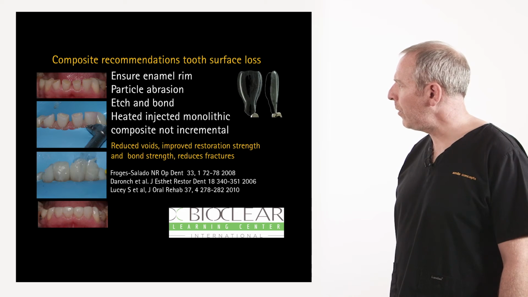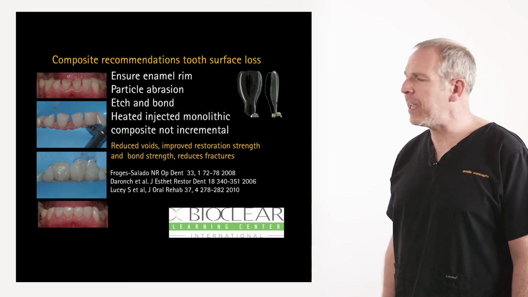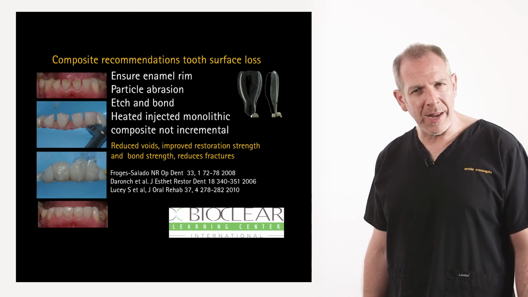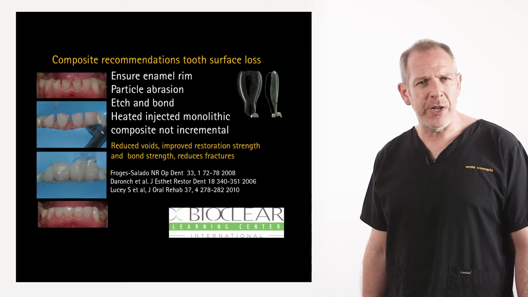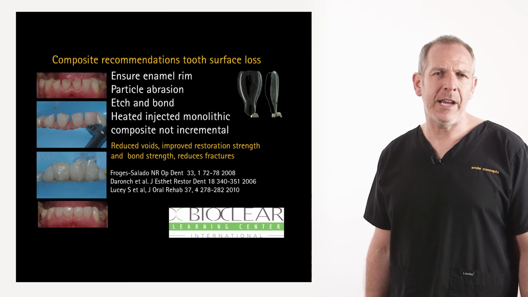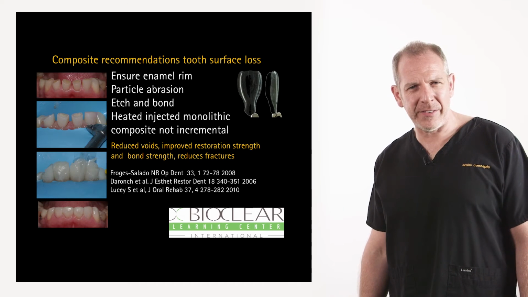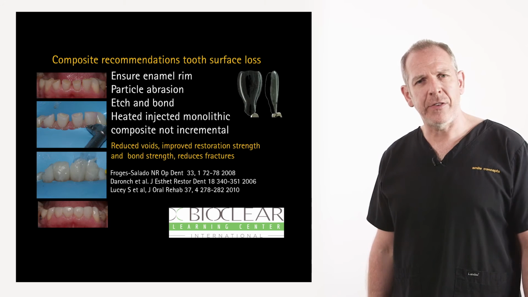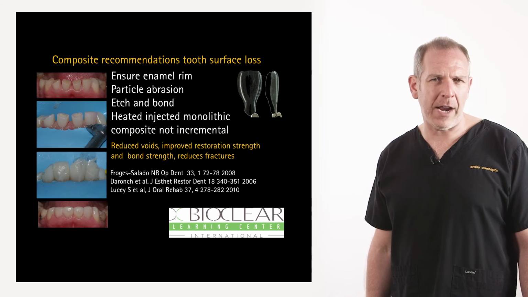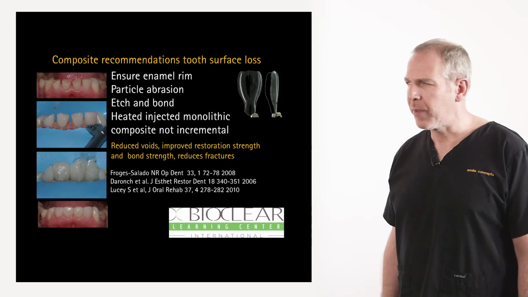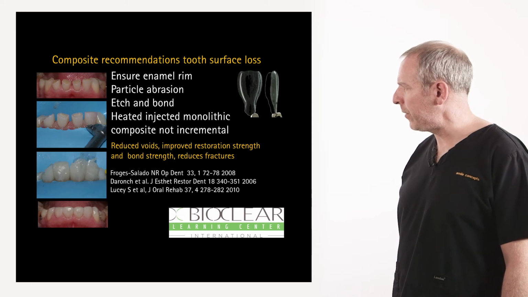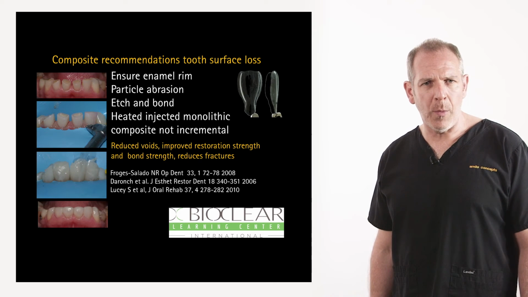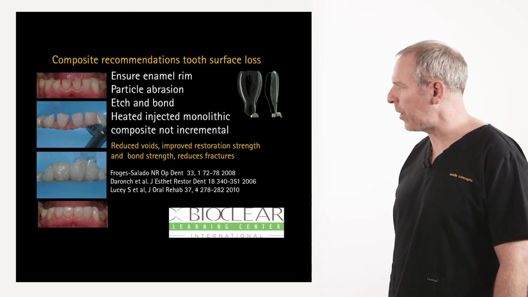Then we etch and bond, and the underlying part of the technique is that we use heated monolithic composite. So we're not messing about with little increments and adding bits and patching bits up. This is when they all start chipping, they start debonding, they start fracturing, they start staining. What you do with these matrices is you actually, with these anatomical matrices, pretty much form the whole restoration in one go.